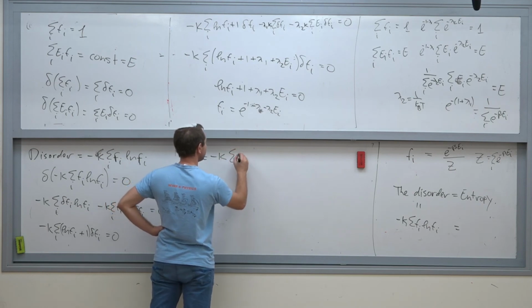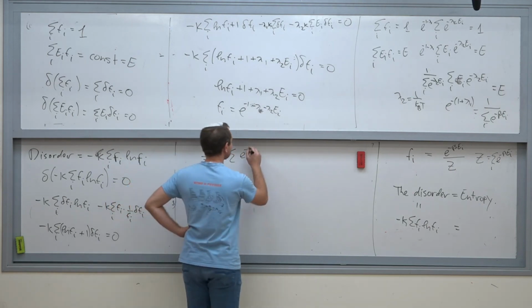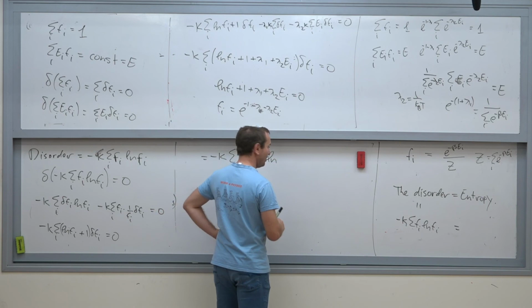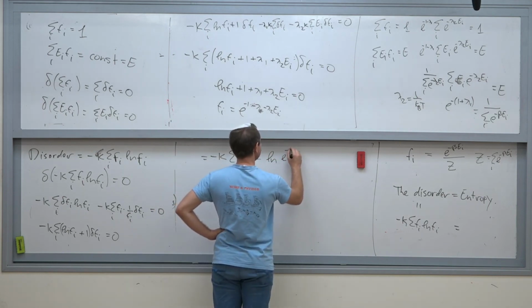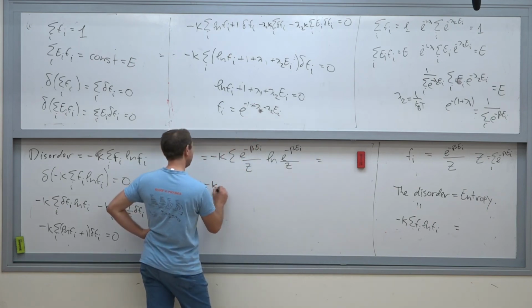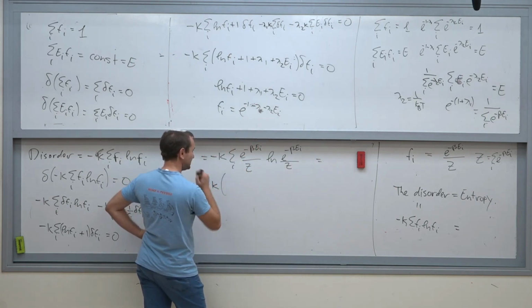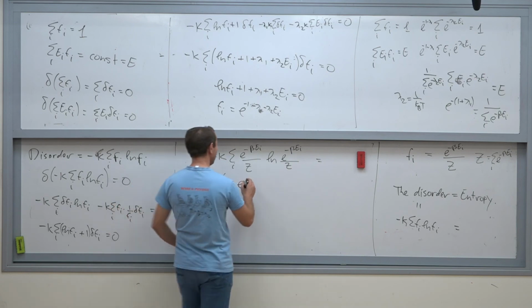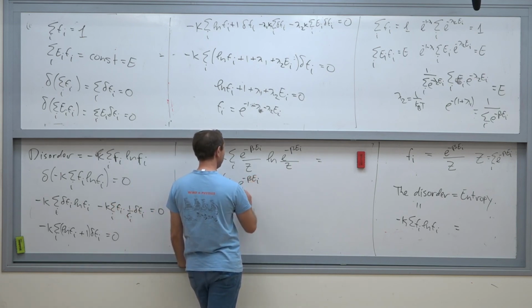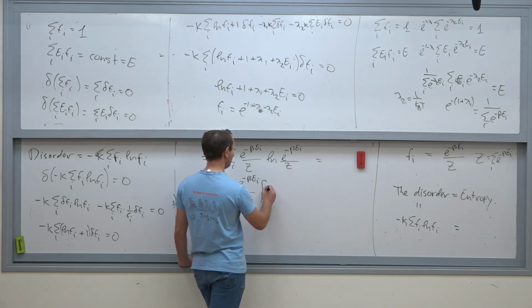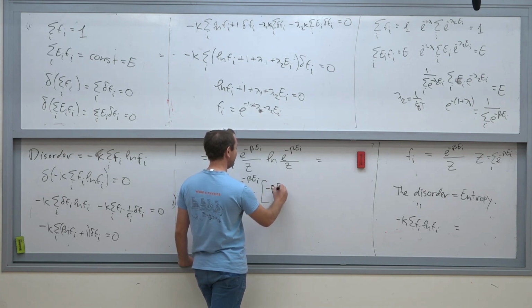Minus k sum of e to the power of minus beta Ei divided by Z, times log of e to the minus beta Ei divided by Z. It equals minus k sum over i of e to the minus beta Ei divided by Z multiplied by minus beta Ei.